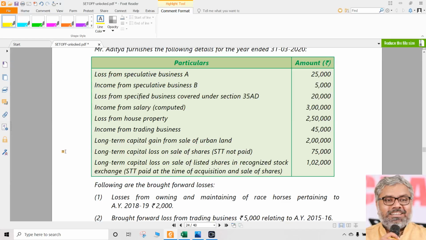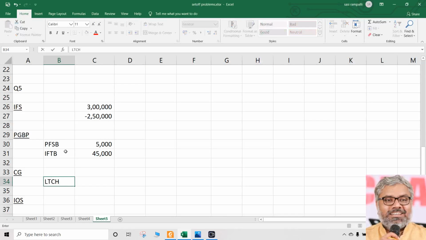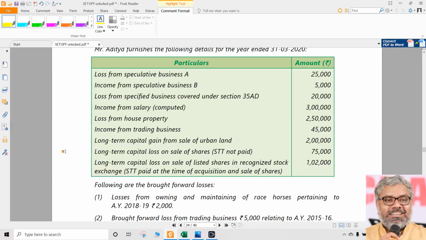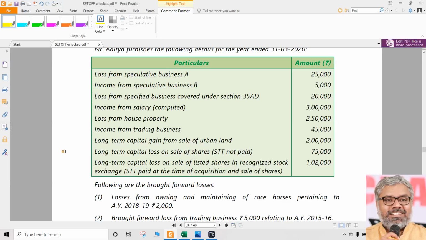Next we have long-term capital gain, that is 2 lakhs. Where it has come from, that doesn't matter.